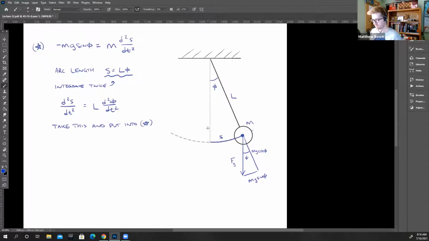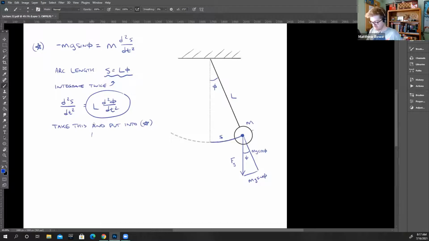So currently, I'm just saying there's this restoring force that comes and forces the pendulum back to its original position. And currently right here, I'm finding out how much time that takes.